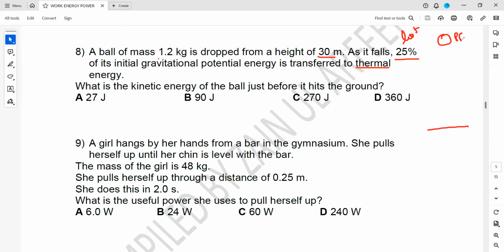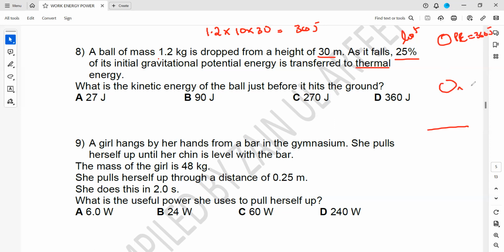How much is the potential energy? Because these questions are from before 2023, they took gravity as 10. You can take 9.8. 1.2 times 10, because mgh, the height is 30. So this will make 360 joules. So this has 360 joules of total potential energy.